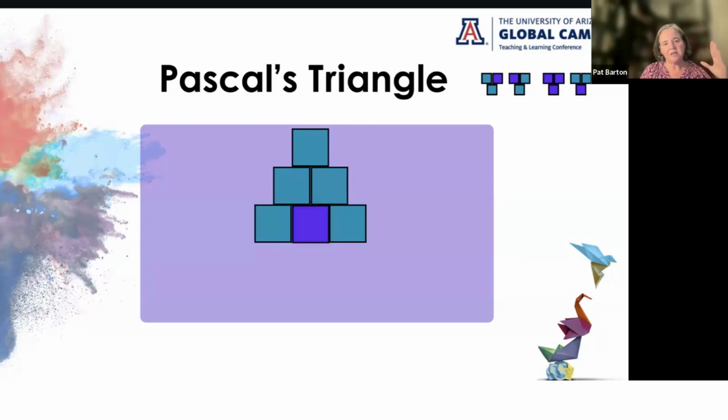I have turquoise because it's two different colors. The two turquoise on row 2, I have to put a purple underneath because they're the same. And then the right is going to be turquoise. So just like in the number version, my sides are always turquoise, always 1. The sides are always going to be turquoise because it's always going to be two different colors.